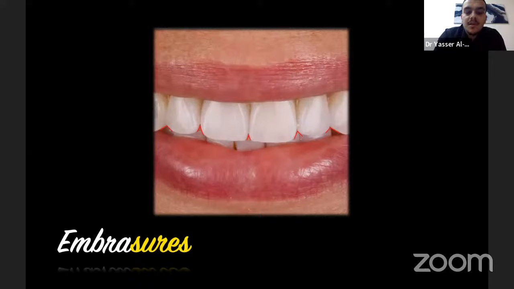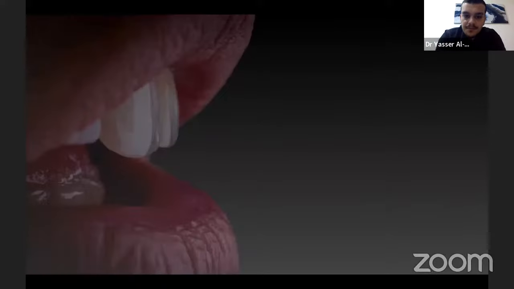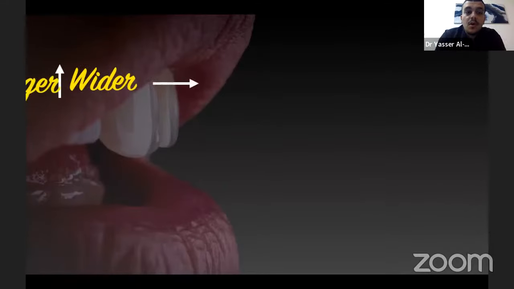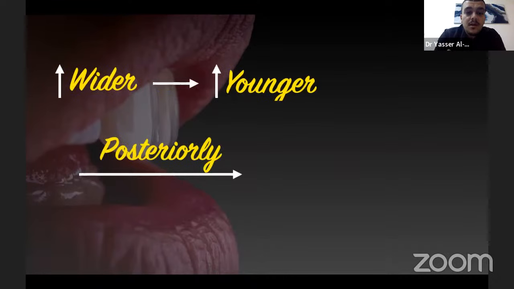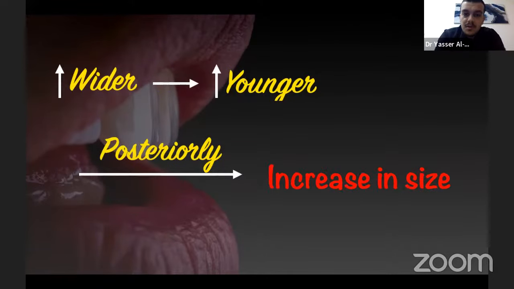This will give us the look of a young patient or young patient smile. So when the embrasures become wider, the patient with a new smile becomes younger. And when we go more posteriorly, the embrasures increase in size.